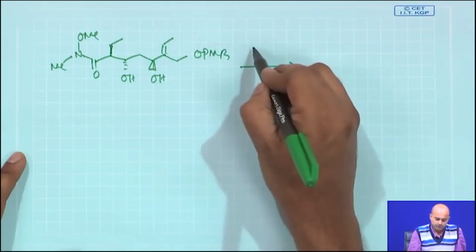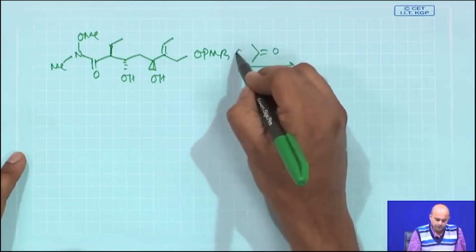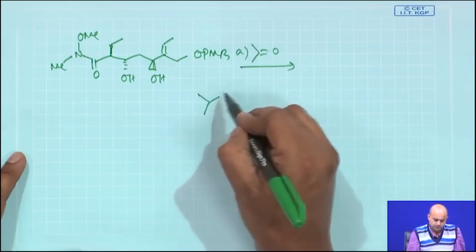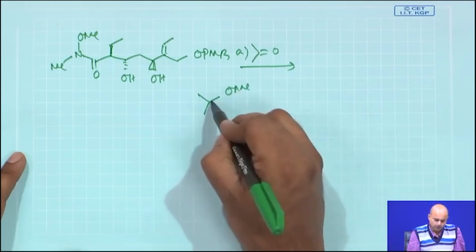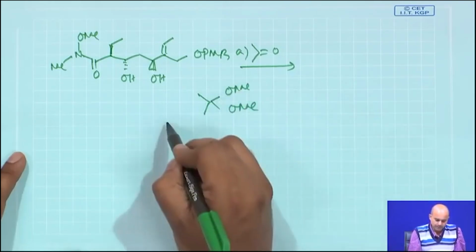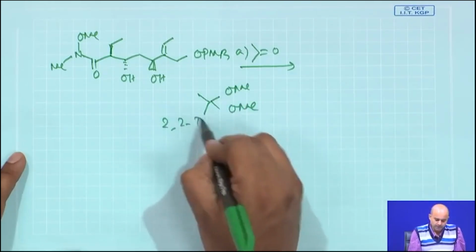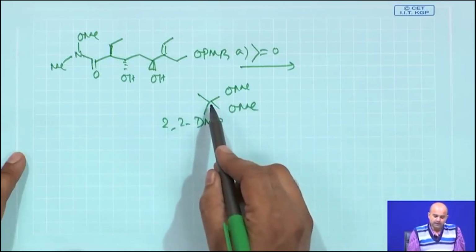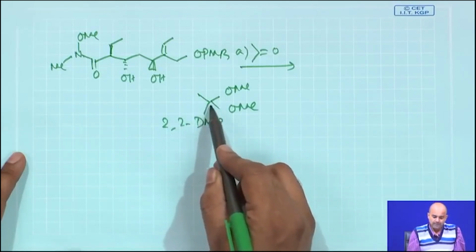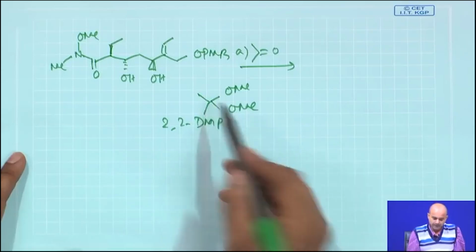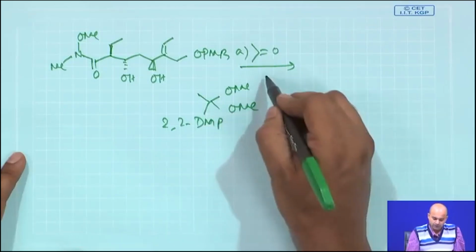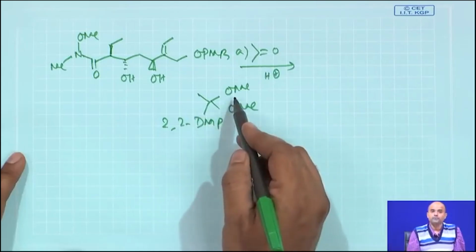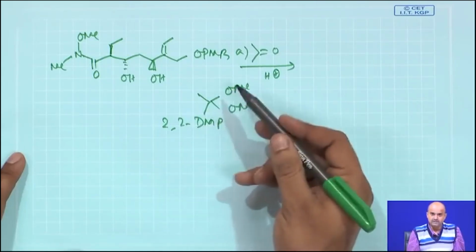Now, you react with acetone. Even if you do not have acetone, you can react with another reagent, which is abbreviated as 2,2-DMP, 2,2-dimethoxypropane, which is basically the dimethyl ketal of acetone. If you take this compound in presence of H+, it releases acetone with the loss of methanol. This is a trans-ketalization reaction.